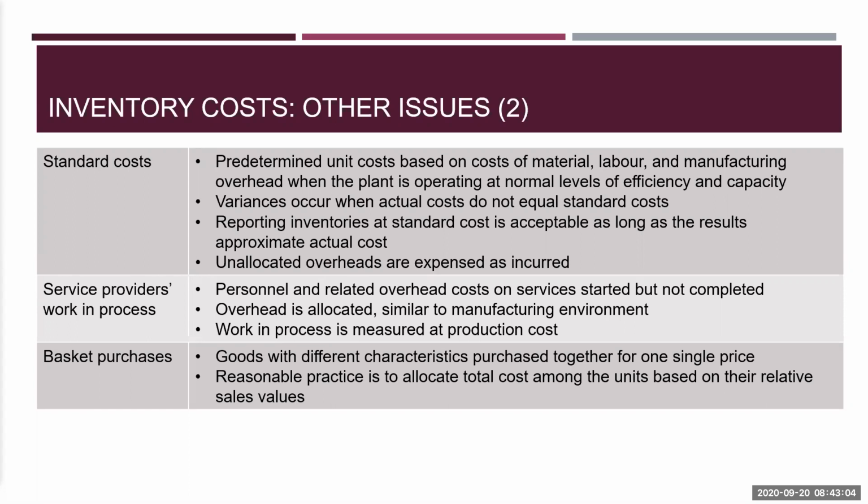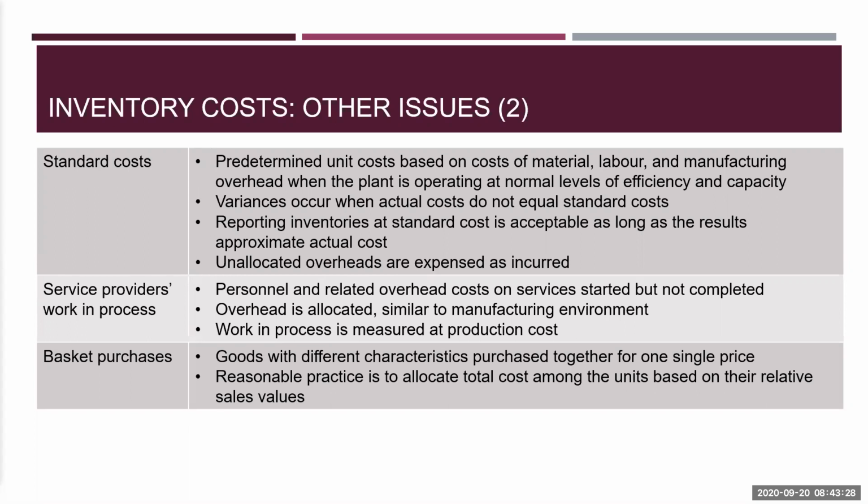Now, material and labor are the fairly easy ones to figure out, but usually the challenge lies with your manufacturing overhead because these are indirect costs. It's fairly time consuming, or the cost-benefit comes into play here, to actually establish that one-to-one relationship between the manufacturing overhead and the product.